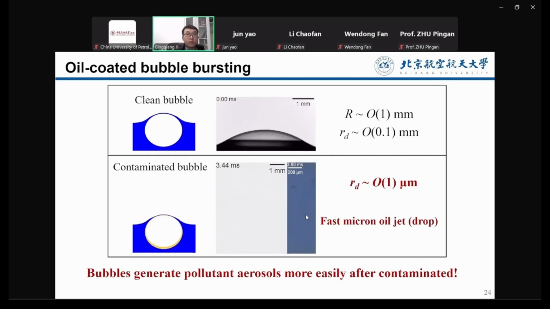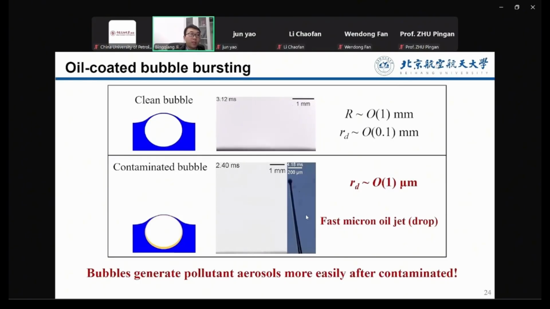However, when this bubble is coated with a thin oil layer, we observe a very high-speed jet drop, and it has a very small size, just about several micrometers.